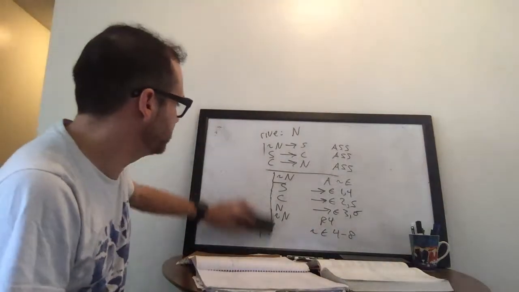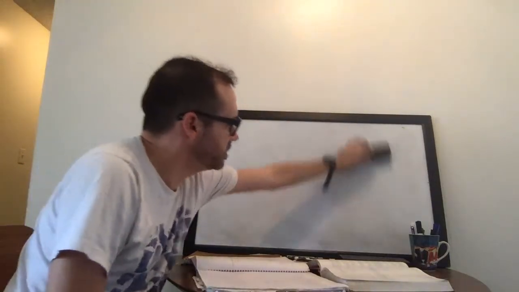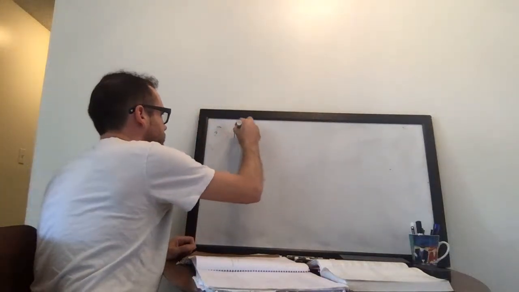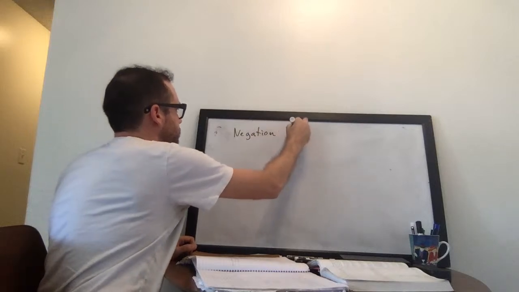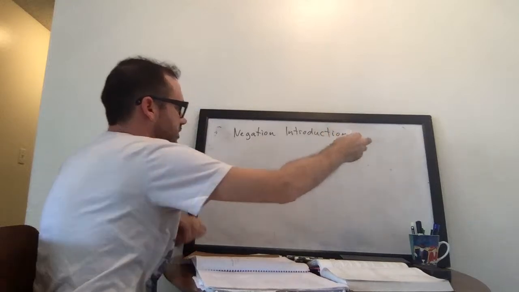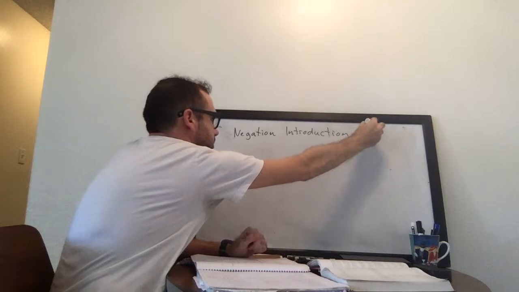So now let's go into this. We're talking now about the rule which is called negation introduction. And as you might guess, the symbol for it is tilde I.